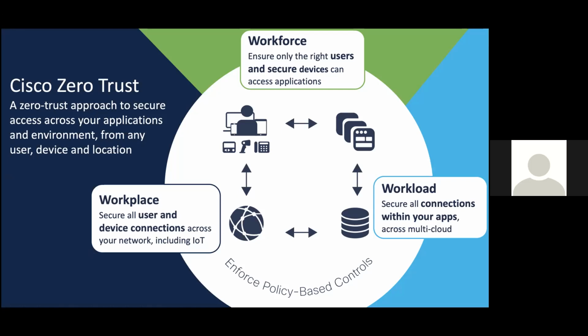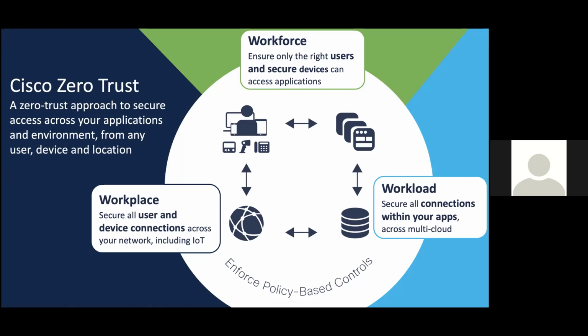How do we secure everything that's within a building? We have the workforce, where we look at how we secure our users and devices, even when they're off network, and how we still provide that same security to those users and devices regardless of if they're at a workplace or not.